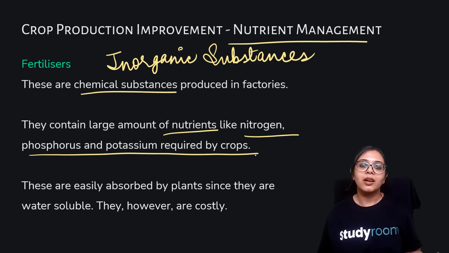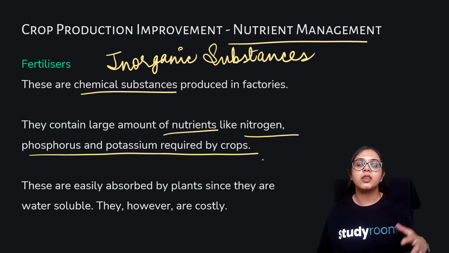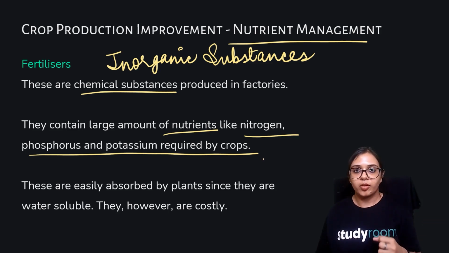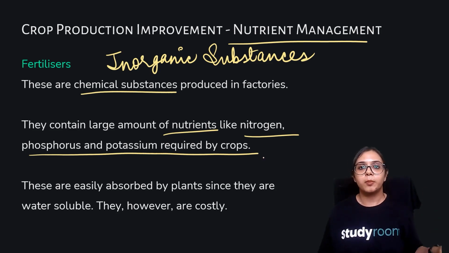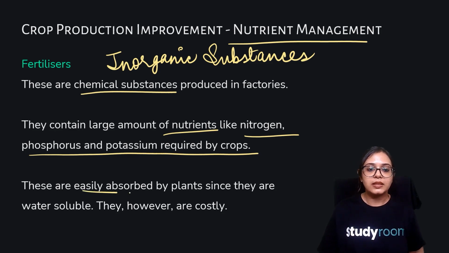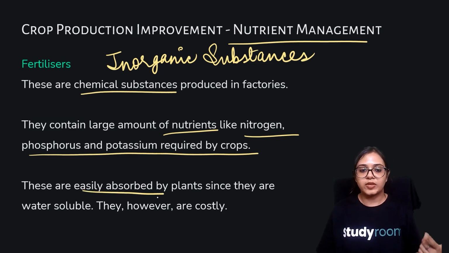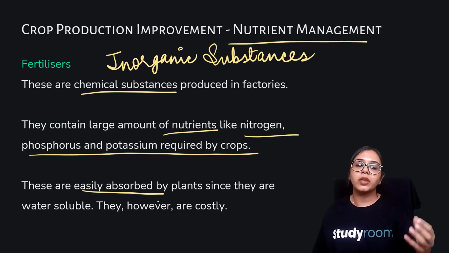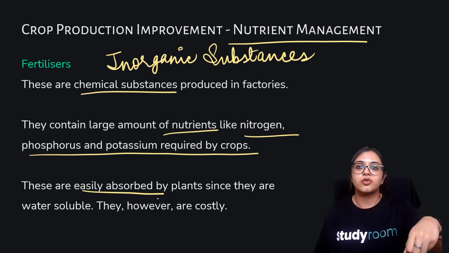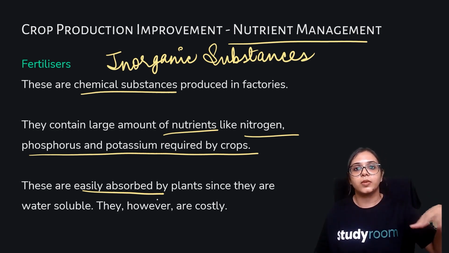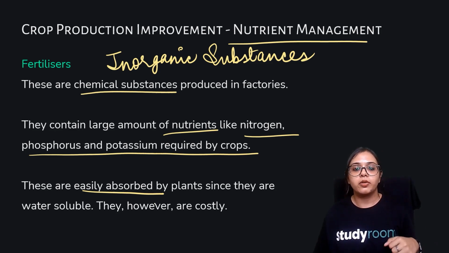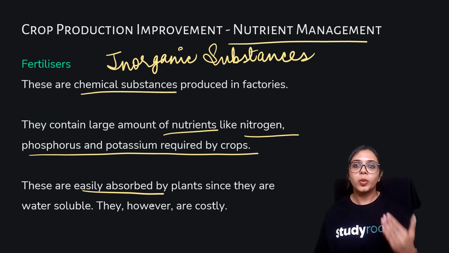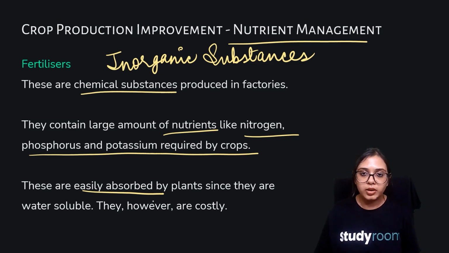So naturally plants would be able to absorb nutrients more readily from fertilizers than from manure. The second reason why they are easily absorbed is because they are water soluble, meaning they can be easily mixed into the soil. Manure contained some remains, some wastage, so you cannot just mix it into the soil and form a very homogeneous mixture. But fertilizers you may, because they are easily soluble in water.